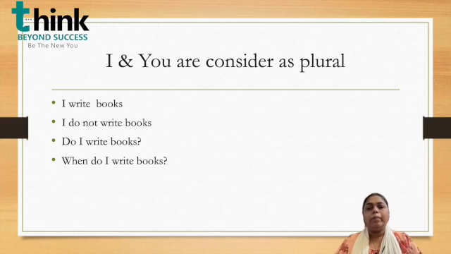But it is a rule of grammar; I is treated as plural and you is also treated as plural. We can't question why, but keep in mind that I and you take the plural form, not the singular.